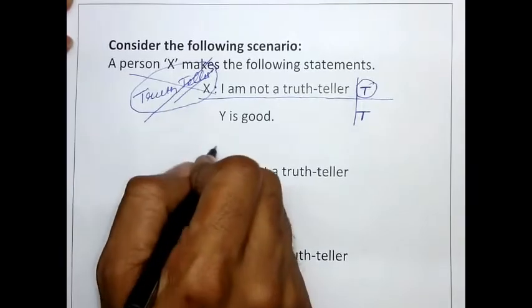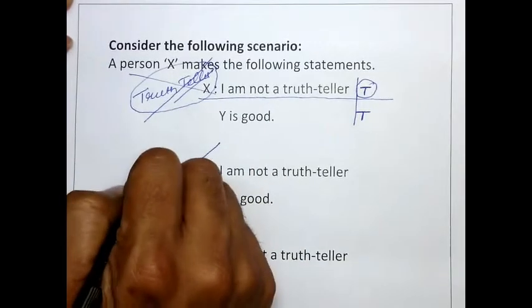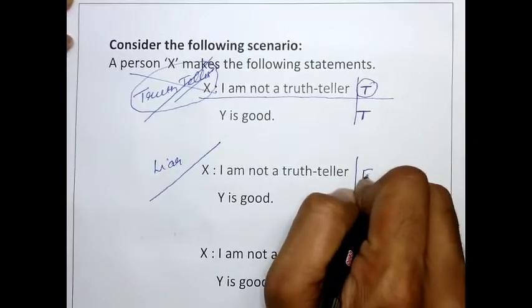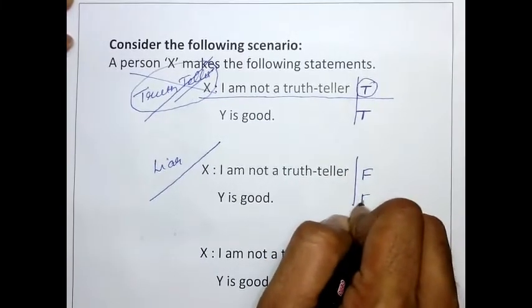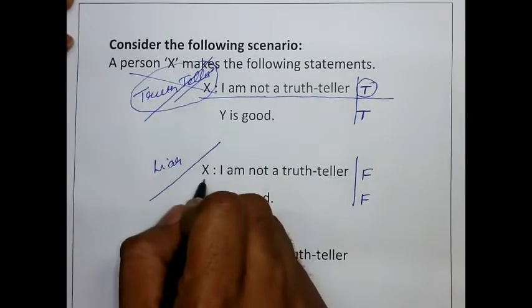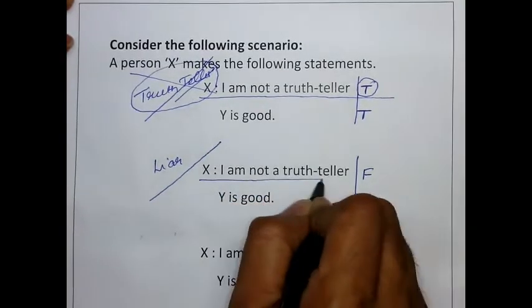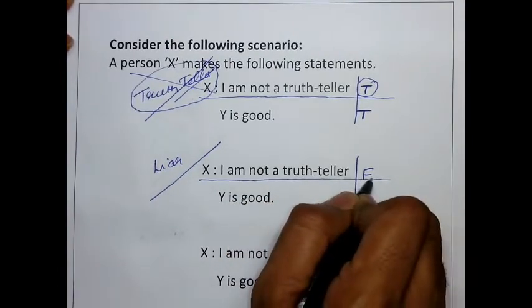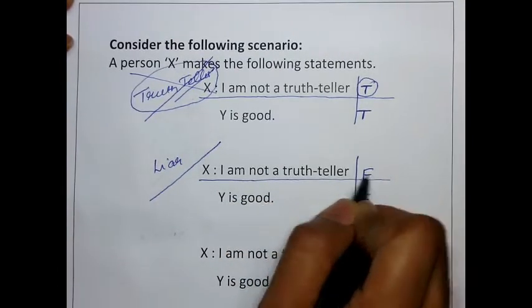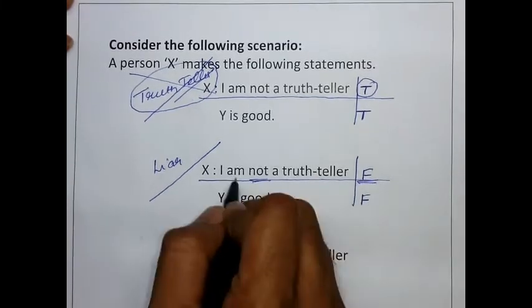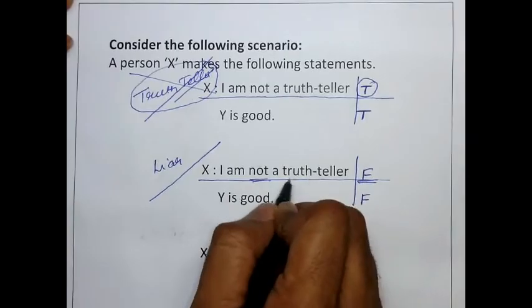Let me assume that X is a liar. Then the first statement is false. The second statement is also false. X says, I am not a truth teller. That is, X is not a truth teller is false, which means double negation makes it positive, which means X is a truth teller.